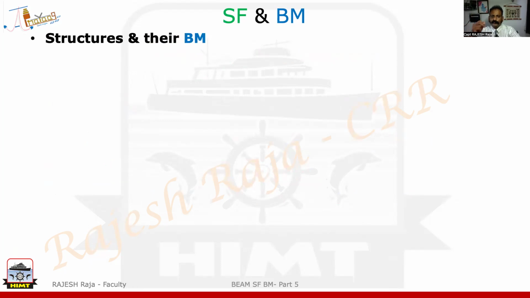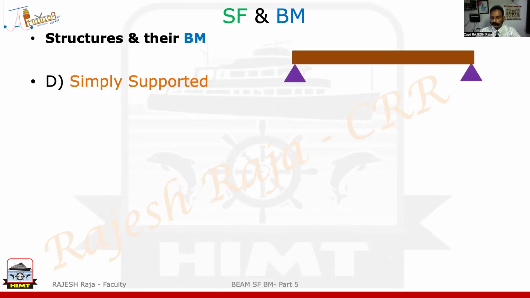Let me give you a couple of structures and what is the possible BM. There are some fixed structures where you can remember these points. I'm going to give you for simply supported. This is simply supported. And you will see that the BM at both these ends is going to be 0.